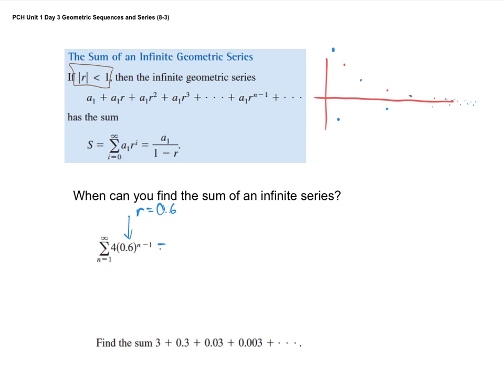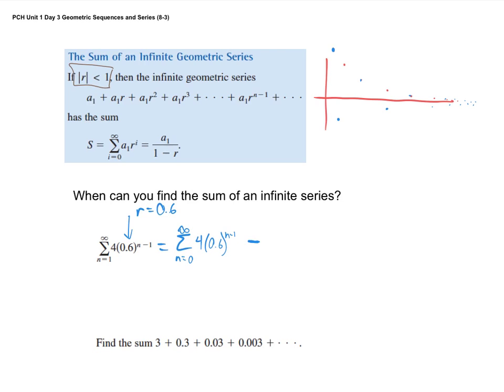So I'm going to do the sum from n equals 0 to infinity, and then I need to subtract that term where n equals 0, right?